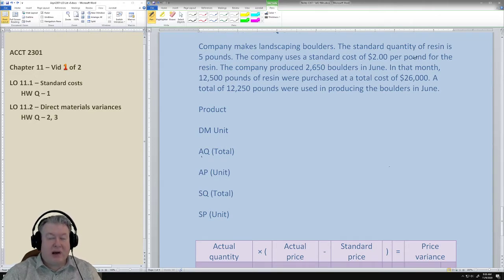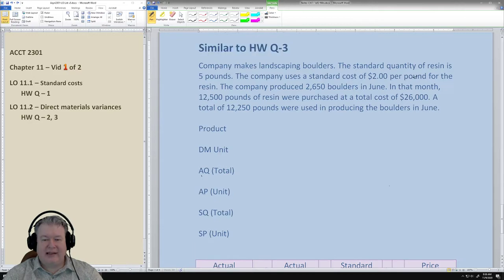So I'm going to be doing the same thing, and this is just the direct materials. We'll be doing the same thing with direct labor and to some extent with the manufacturing overhead. So let's just make sure we got our process right and do this again. I'm going to talk through it maybe a little more quickly, but of course you can go back and rewind and watch it. So I'm looking at this. The company makes landscaping boulders, and the particular direct material in the boulders that we're interested in is this resin.